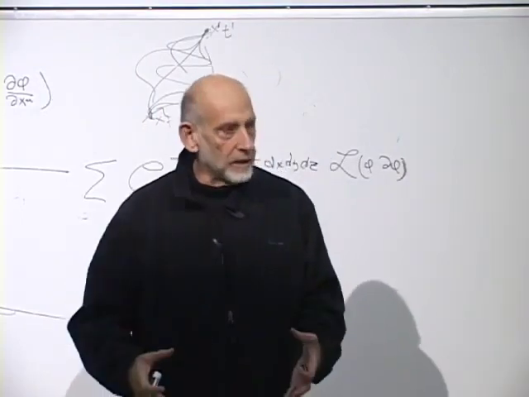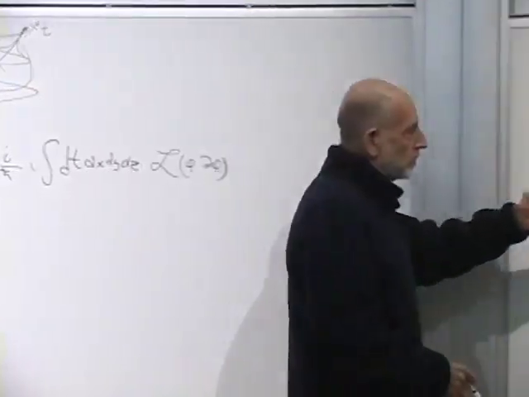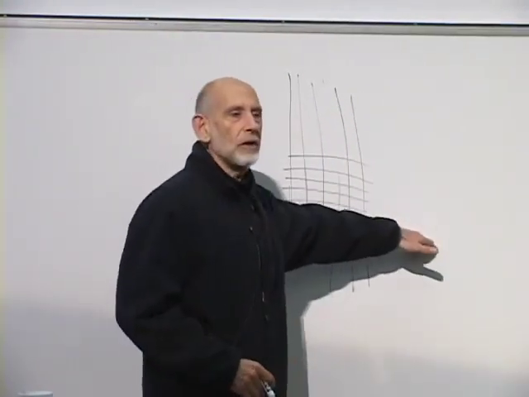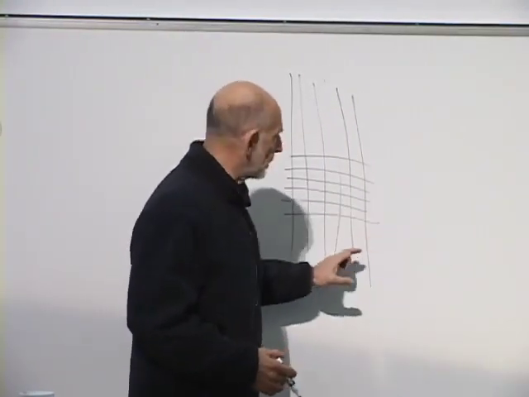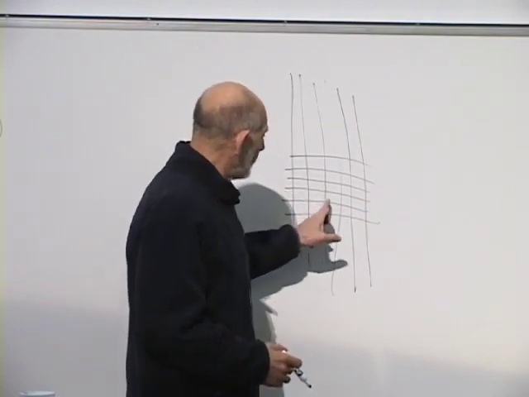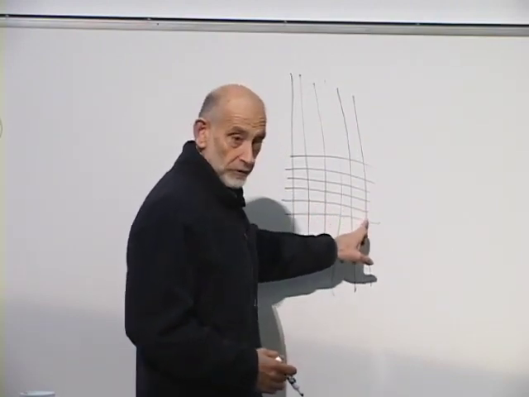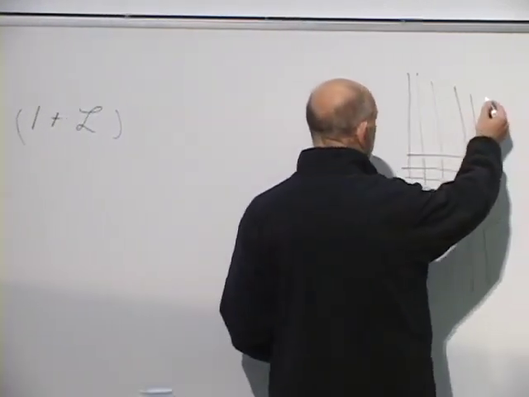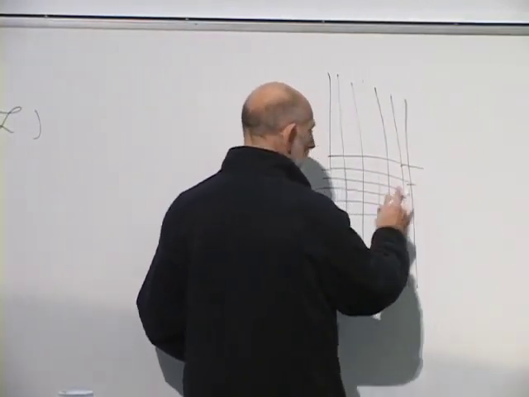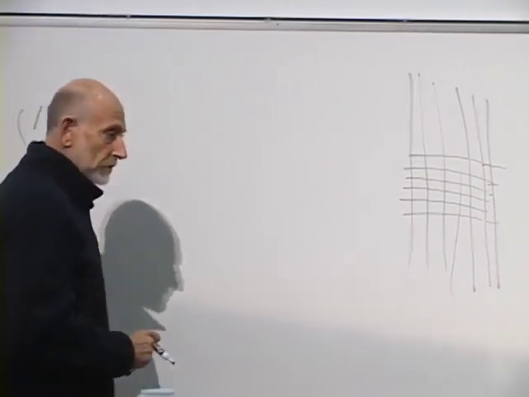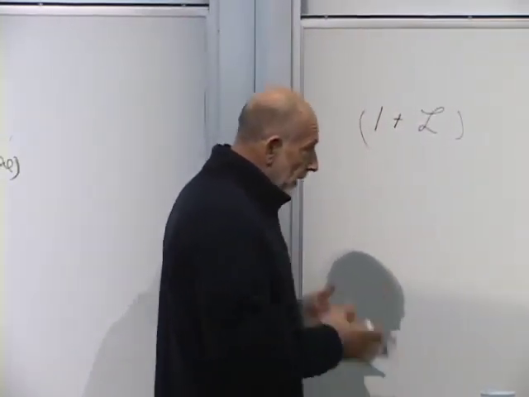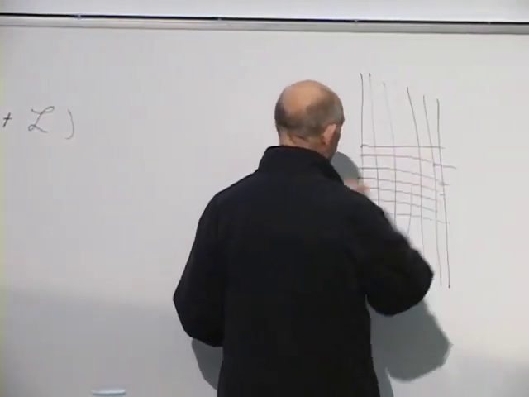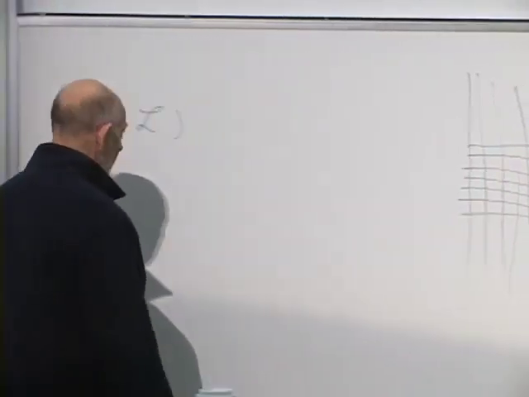The way to give meaning to it is to divide up space into lots of little cells, and instead of thinking about continuous functions or even discontinuous functions, think about a value of the field in each one of these cells. That makes it more concrete, and then in the end, you let the size of the cells go to 0. So let's not let the size of the cells go to 0. Let's keep them finite like this.